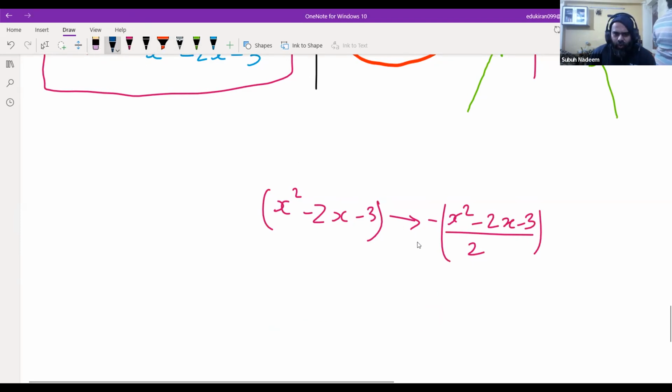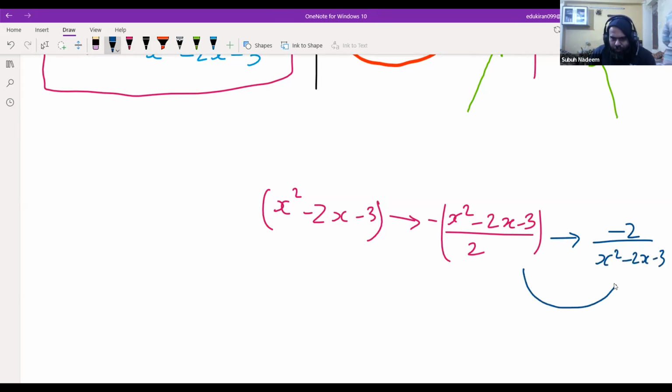Yeah. So you have done this because you have to draw finally the graph of -2 by x square minus 2x minus 3. Now this is the reciprocal of this. But isn't the polynomial given first? Yeah, this is the polynomial with which we started.